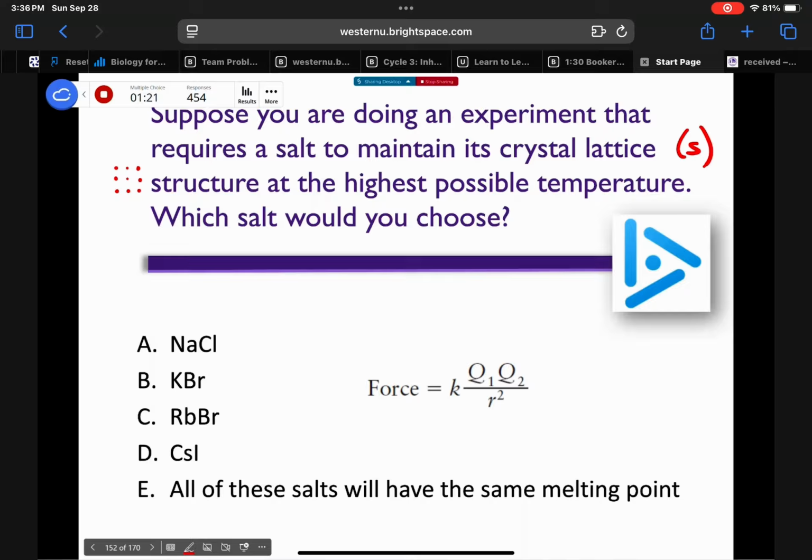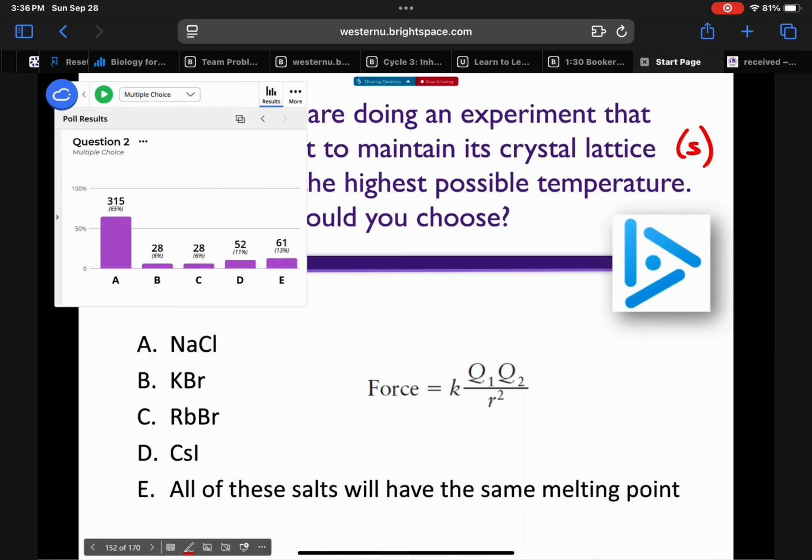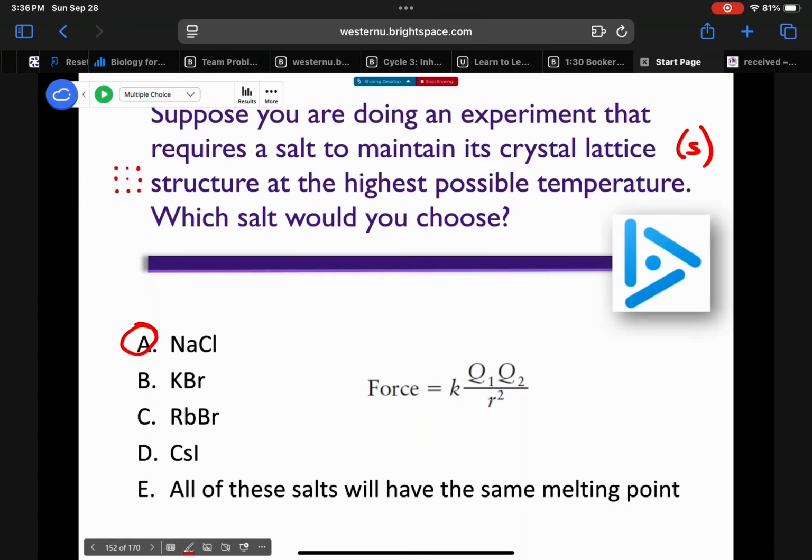Okay, over half of us went for A, I agree, but we have a pretty nice distribution across the way. Sodium chloride has a melting point of 801 degrees Celsius. The other ones decrease from that temperature. You know what? I didn't know what their melting points were either, and I didn't expect you to have to Google them.